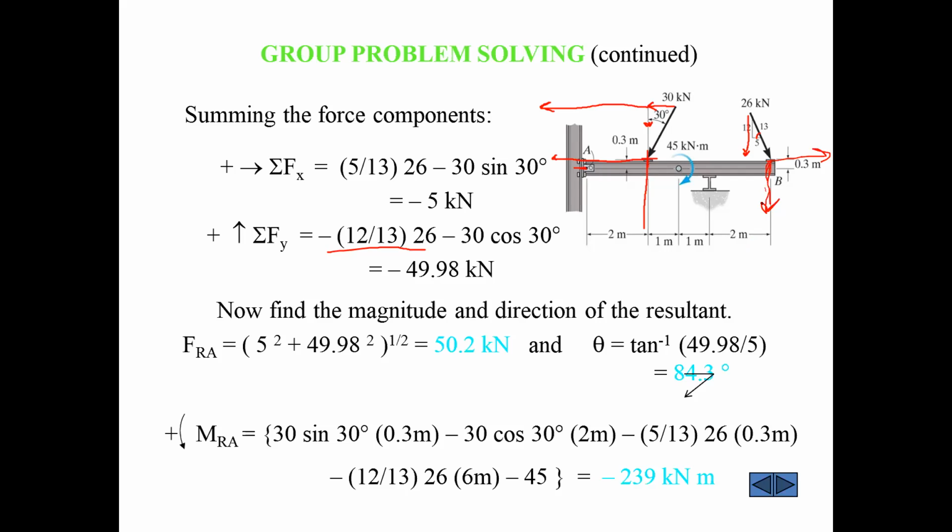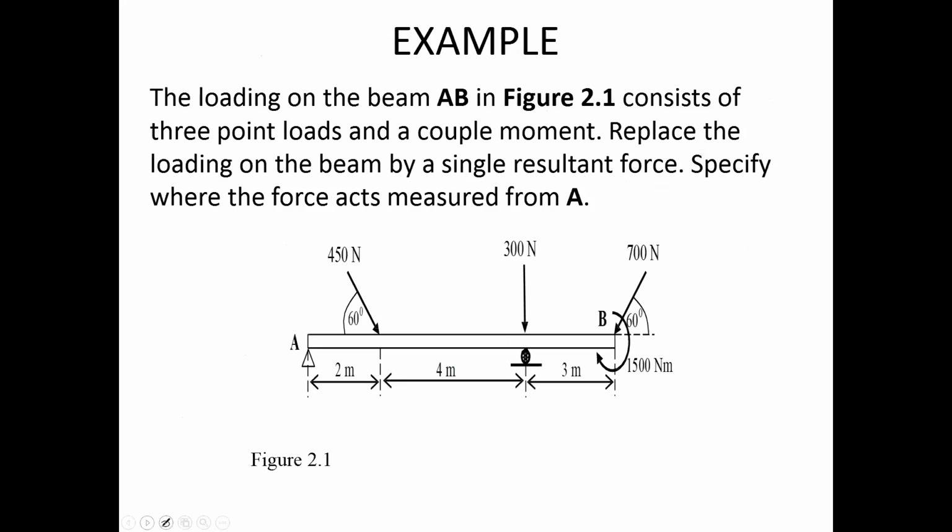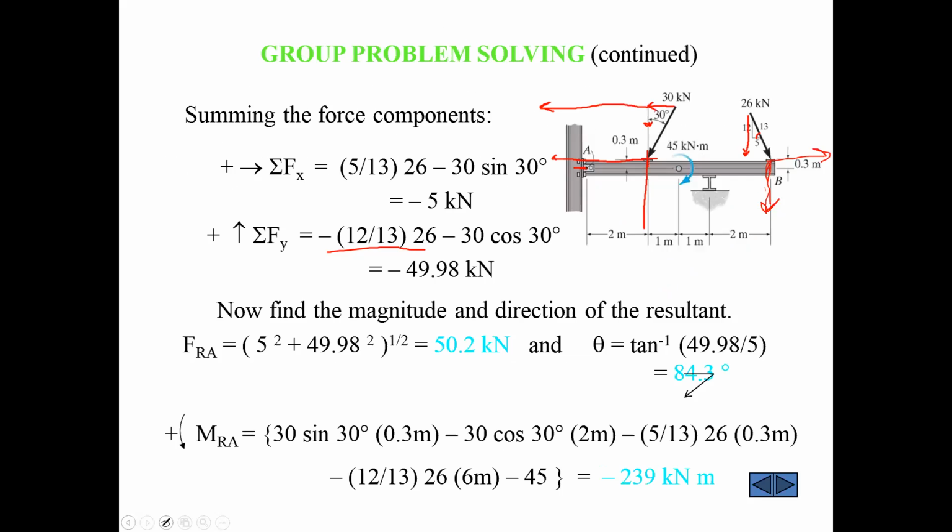So it's coming this direction, going clockwise against A. So the clockwise is minus, so it's minus there, right? So you get minus 239, and you're pretty good there. That's what it asks you for.